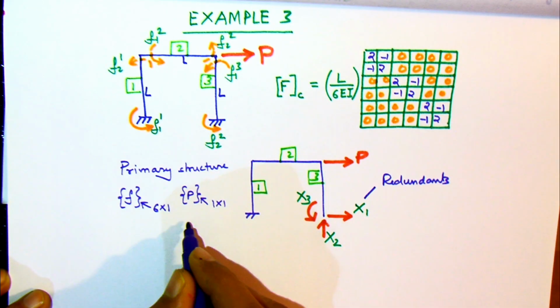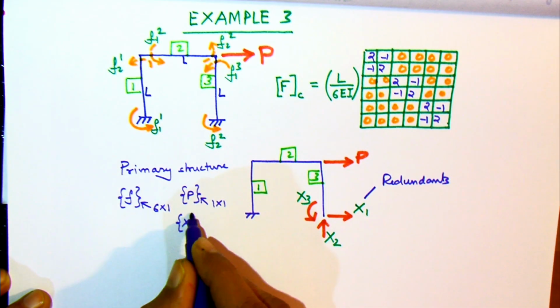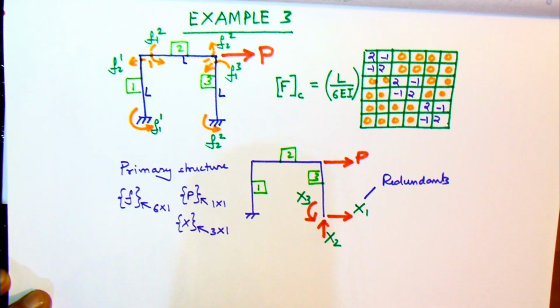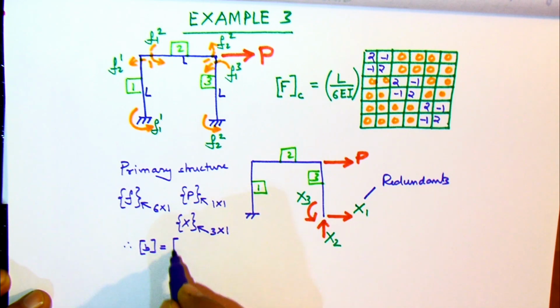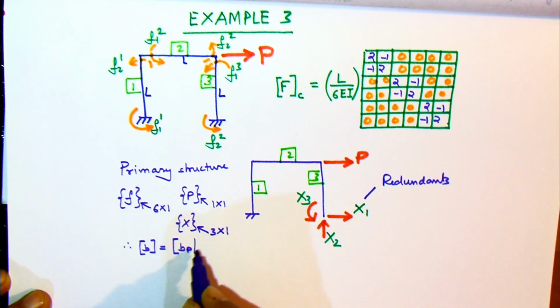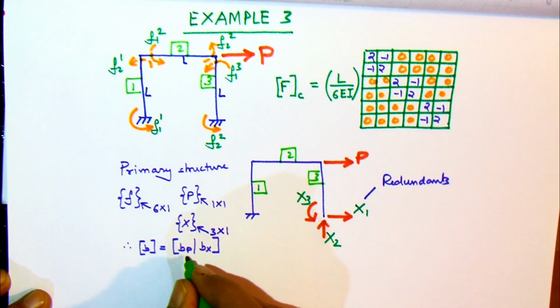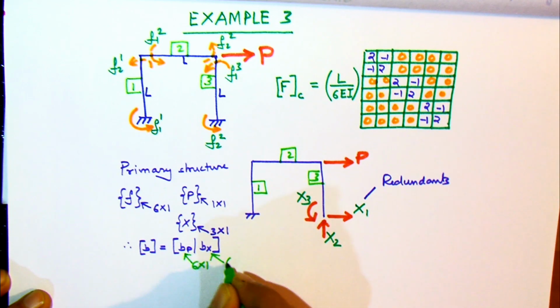Now this has to be split into two components, BP and BX. Since there is only one member in the vector P and 3 in vector X, BP will be 6 by 1 and BX will be 6 by 3.